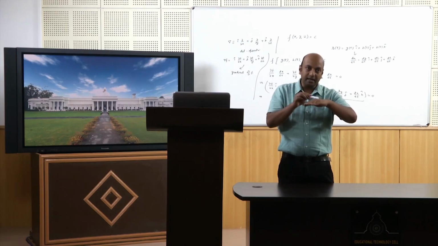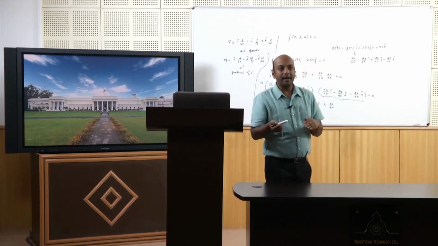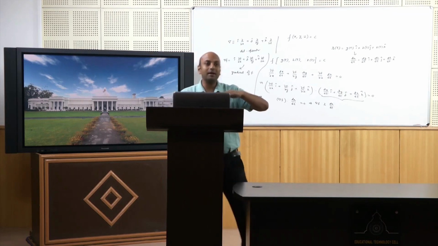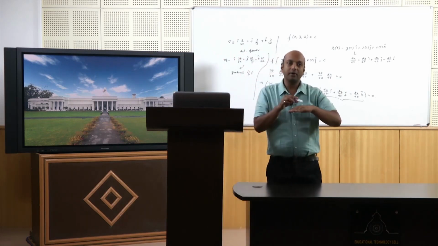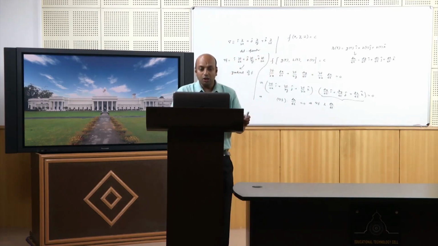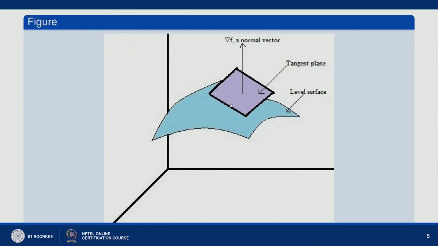So, the normal line will be parallel to the gradient of f at p naught. So, this is a geometrical representation. If you have a surface like this, this is a tangent plane, and the gradient of f will be a vector normal to the surface.